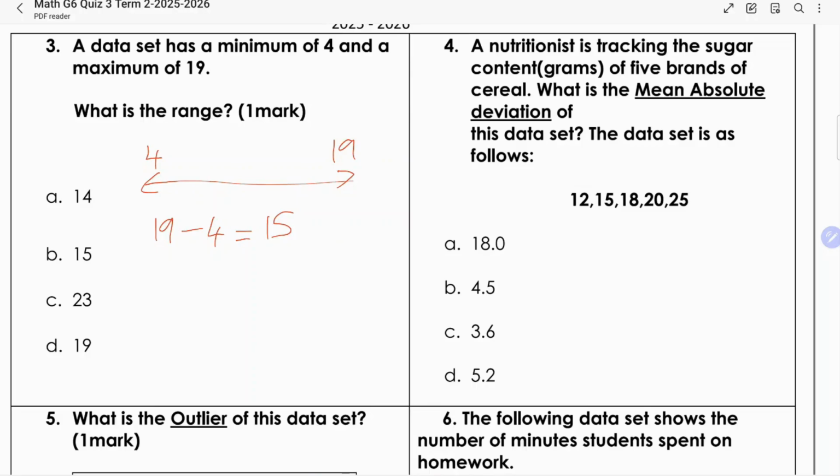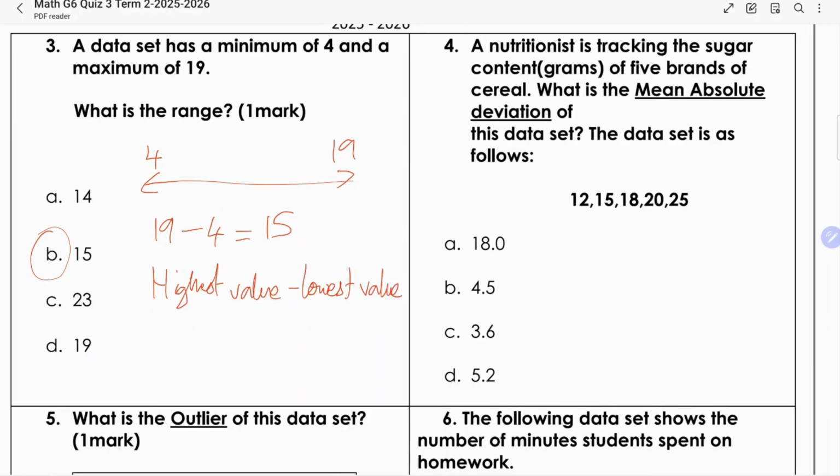Please just be sure of your answer before you put it down, because that's a really silly mistake to make. If you need to, count on your fingers, count on your hands, count on your toes if you need to. So the answer is 15. It's usually the highest value minus the lowest value.